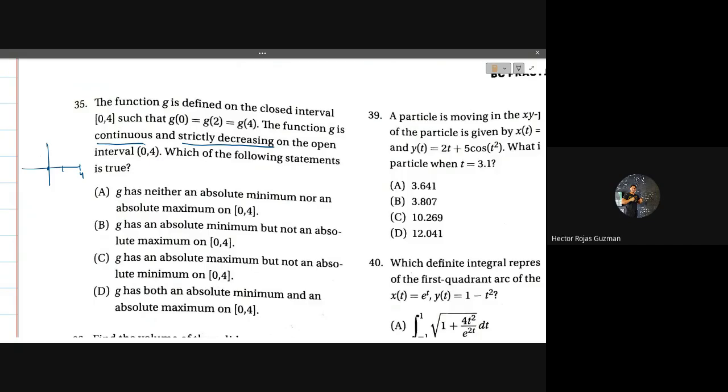So you can put some values. They don't have to be on the x-axis because they don't say that they're equal to 0. They just say they're equal to each other, right? So they have to kind of be on a horizontal line. What you can do is define it with an open circle.